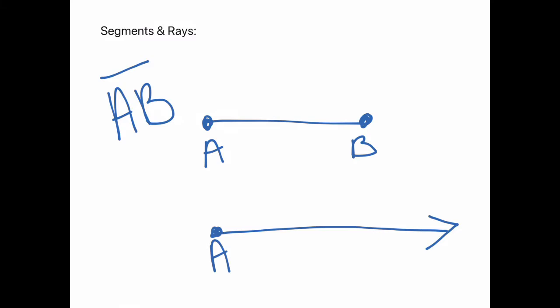So we'd have A here, and let's say we have point B there. This could be ray AB, and it always needs to start with the endpoint, and it will have 1 arrow. This cannot be ray BA because it doesn't start with point B. So that's segments and rays.